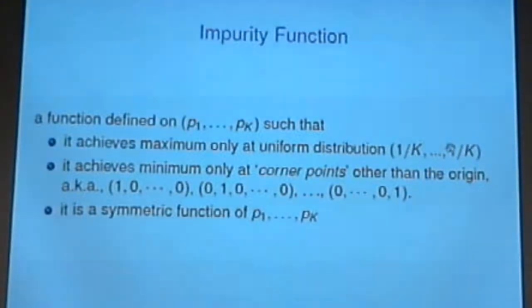It achieves its minimum only at the corner points other than the origin, like here. This is purity from class 1, and this is from class 2, and so on. Ideally, you have a result like that. And it is a symmetric function of these class probabilities.